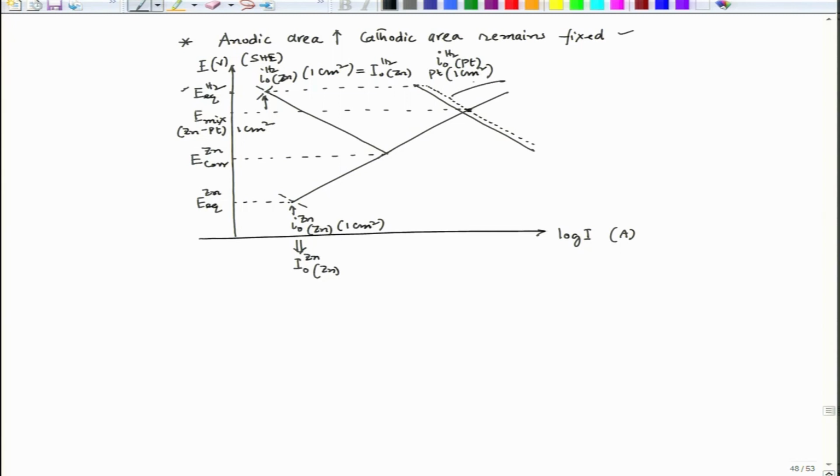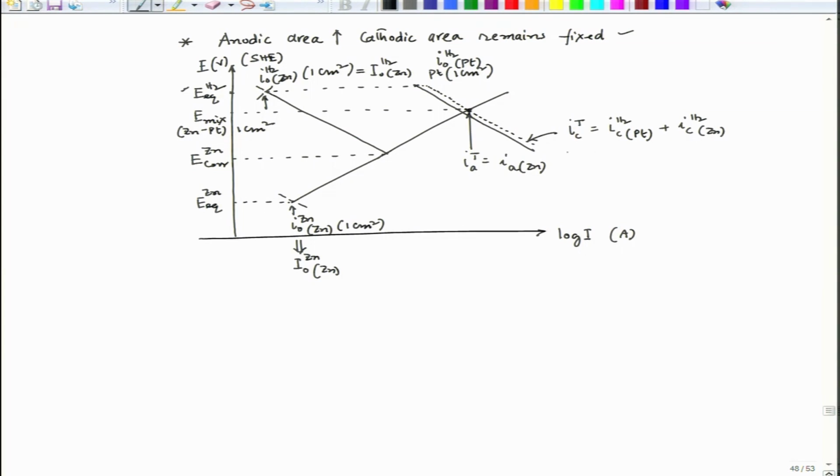This is nothing but Ic total, which is Ic hydrogen over platinum surface plus Ic hydrogen over zinc surface, and this is equal to Ia total, equal to Ia zinc, because here only one anodic reaction is taking place.